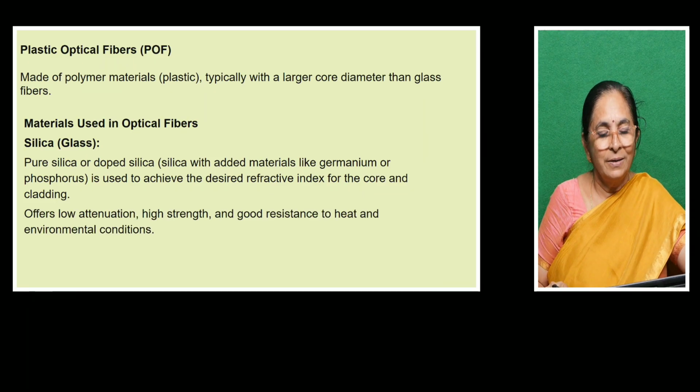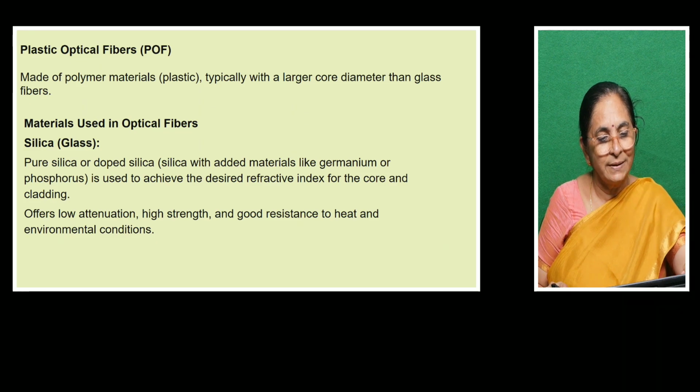Let us see here. So what is the use of this glass? In glass optical fibers, the signal undergoes low attenuation and the glass fiber itself has high strength, and they are resistant to heat and environmental conditions.